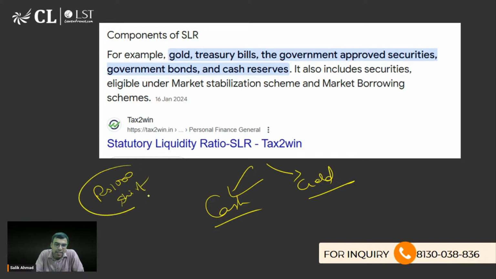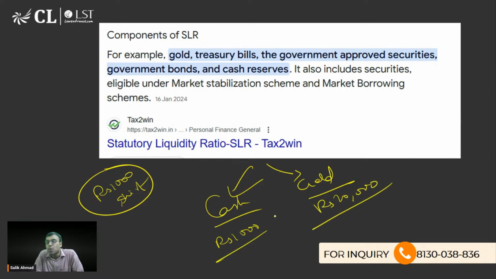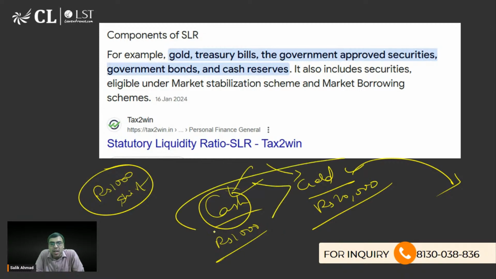You want to buy a branded shirt of 1000 rupees, and you have 1000 rupees in cash and gold worth 20,000 rupees. कैश से आप जाकर खरीदोगे. गोल्ड में पहले आपको गोल्ड बेचना पड़ेगा, फिर जो 20,000 आएगा उसमें से 1000 खरीदोगे. It means cash is more liquid than gold.